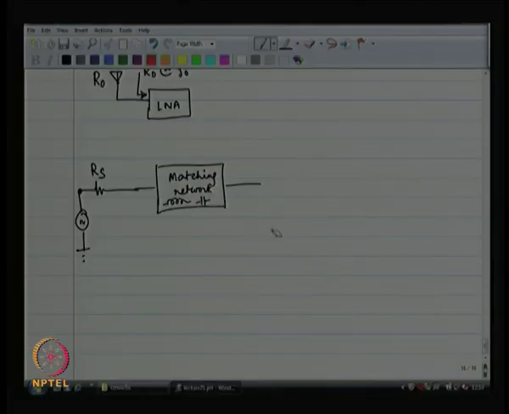Now, our load over here, what are you trying to drive? What we are trying to drive is the gate of a MOSFET, probably the gate of a MOSFET. What does the gate of a MOSFET look like? It looks like a capacitor. Is there any resistance? There is probably some gate resistance, you are right, there is probably a little bit of gate resistance associated with the polysilicon, right.